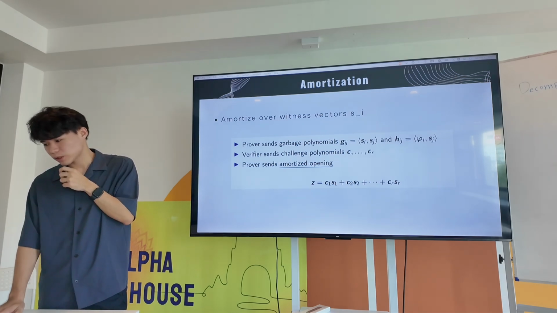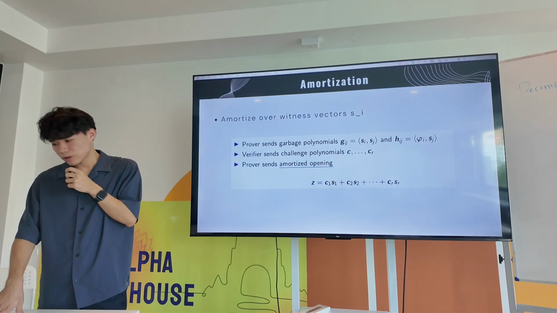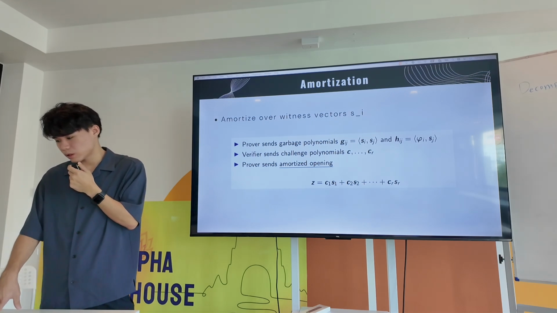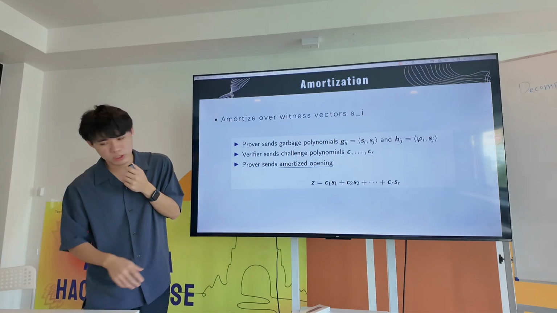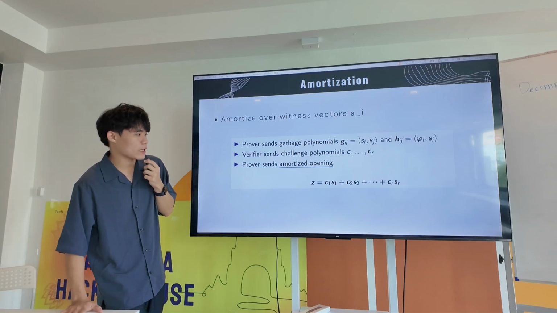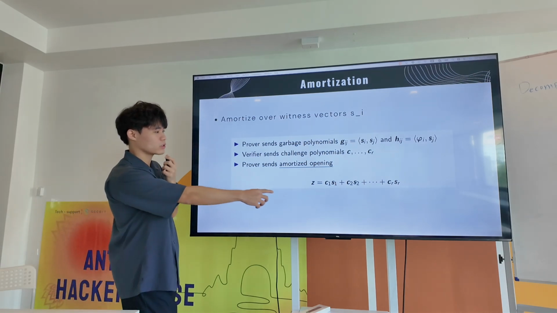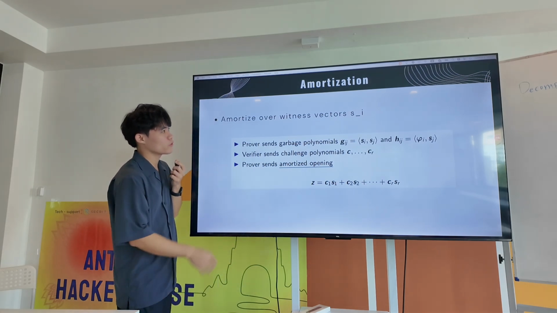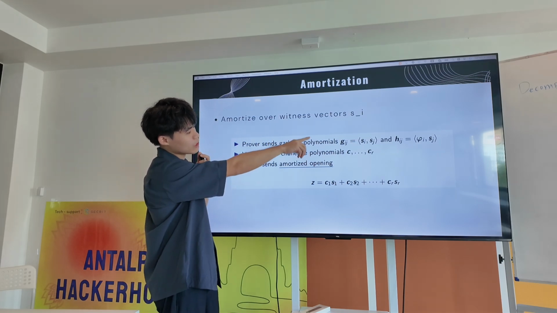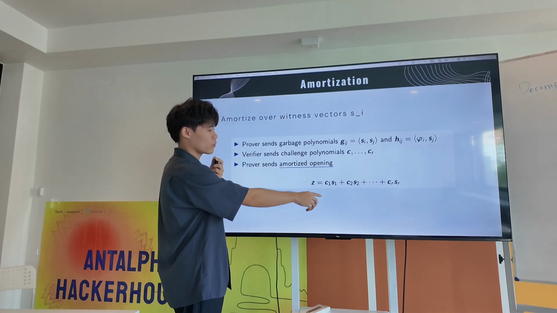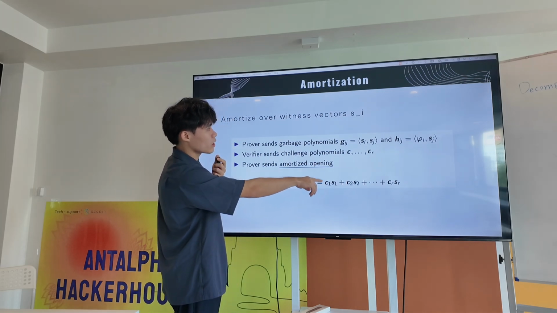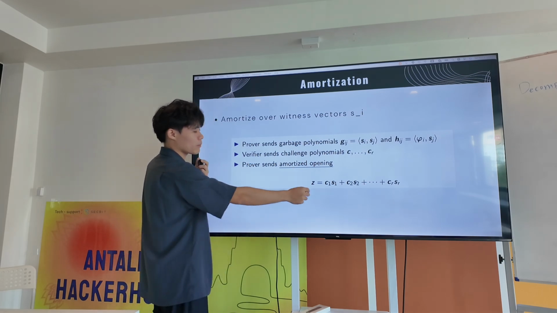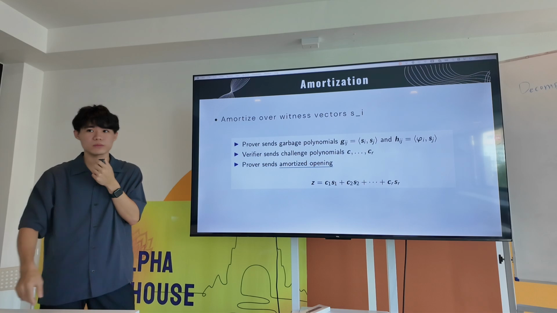The goal is to consolidate the verification process instead of checking each constraint, so you can combine it into only one opening. If you use each s_i separately, you have to open every vector. But if you use some challenge polynomials, you can combine them into z, so you can open it just one time.